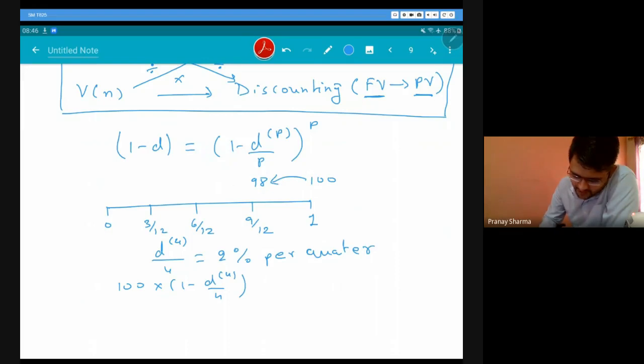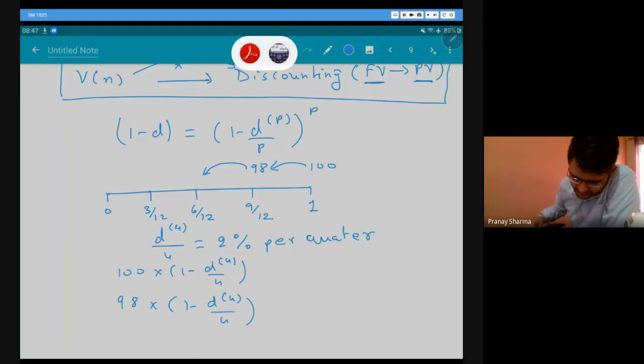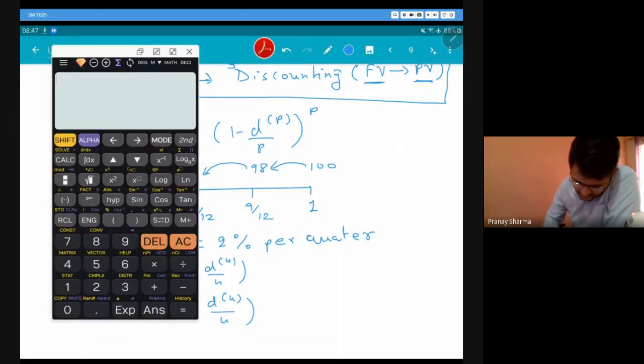Then how much will it be after one more quarter? So I'll have 98 into 1 minus d4 by 4, because again we are considering compound, we will not have simple. So we'll have 98 into 0.98, 96.04.